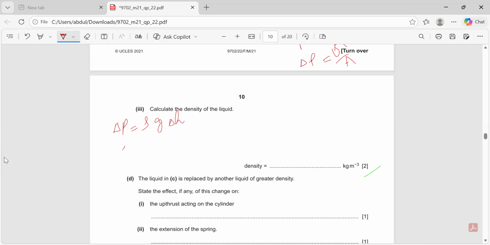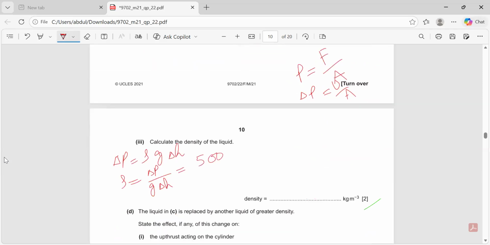So rho will be equal to change in pressure over g delta h. The change in pressure we just calculated up there, how much? That is 500 over the value of g, that is 9.81, times delta h.